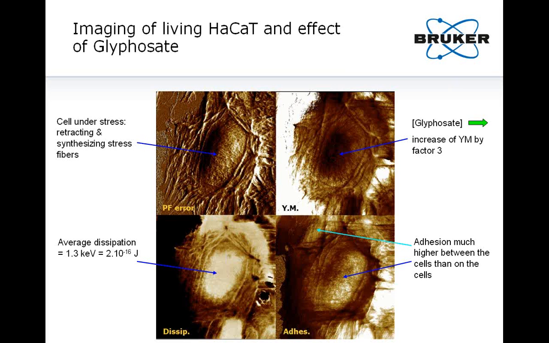You can see brighter spots between the cells than on the cells. And also between the cell and the glass, which is the support, the adhesion is pretty low. Of course, this is non-specific adhesion, but an experiment with functionalized probes and specific antibodies at the end might tell us what type of molecules are involved in the cell-to-cell recognition or adhesion. So this might be an interesting idea for a further experiment.